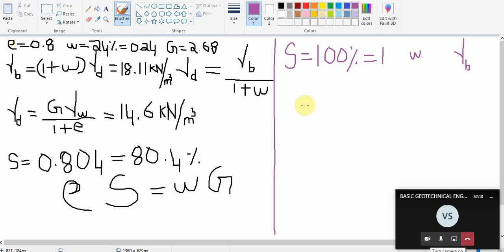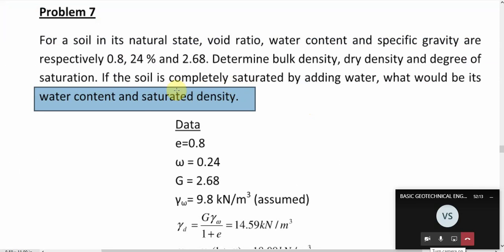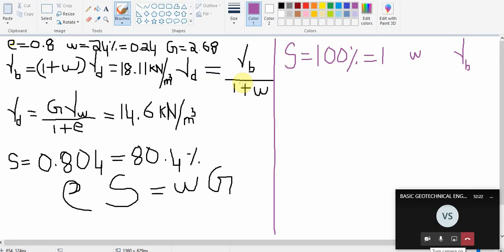Again, soil is completely saturated by adding water. Now when you add water, my question: will voids ratio change or will it remain constant?